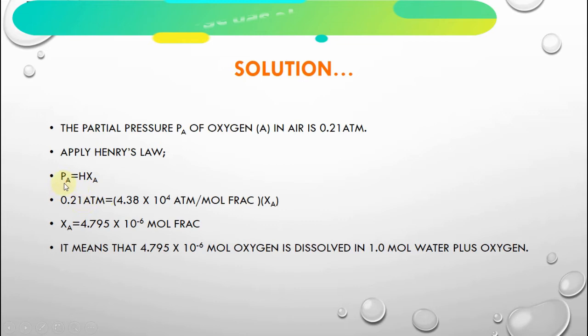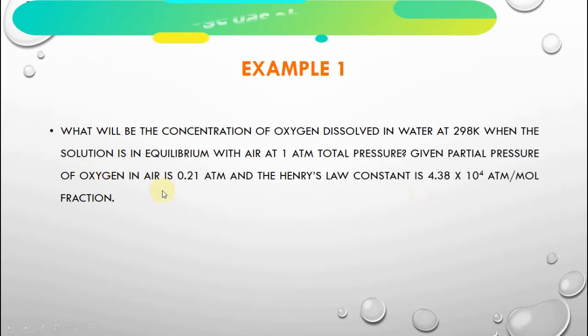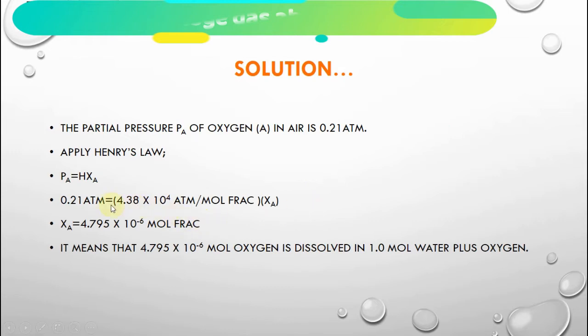So this small pa, the partial pressure of component A, is 0.21, and it equals the h value given, 4.338 multiplied by 10 to the power of 4. So substitute in here and you find the value of x. Very easy application. Then you can get the value for xa, which is the concentration of water for the system.